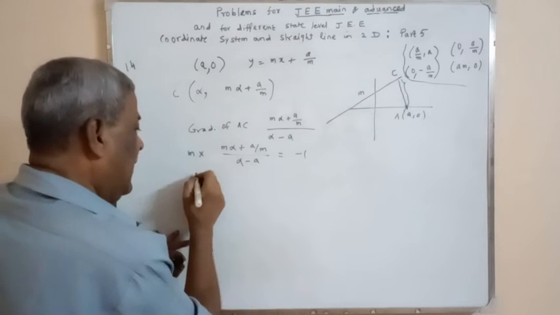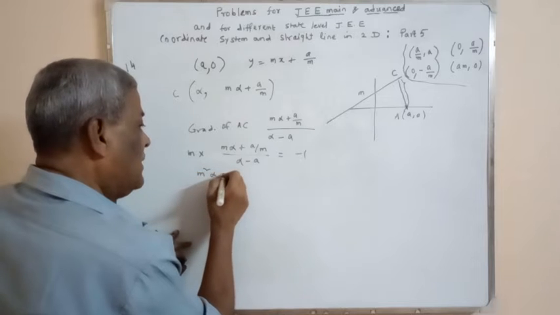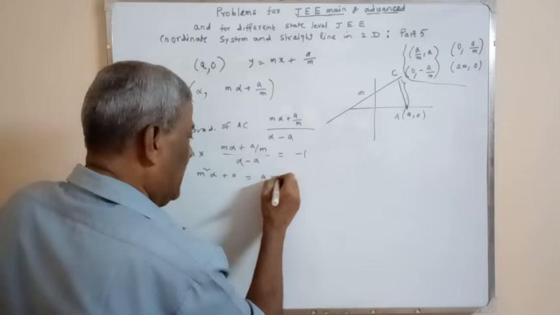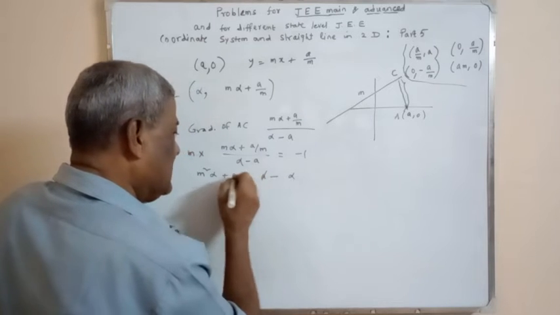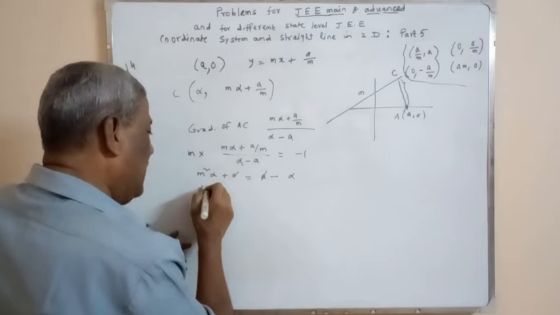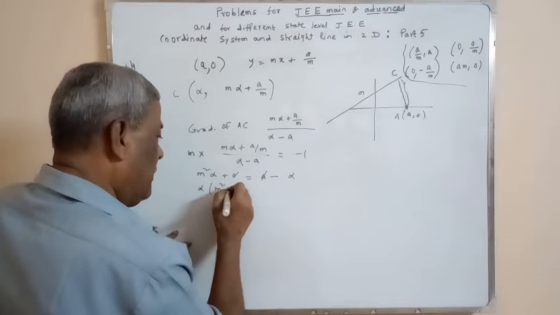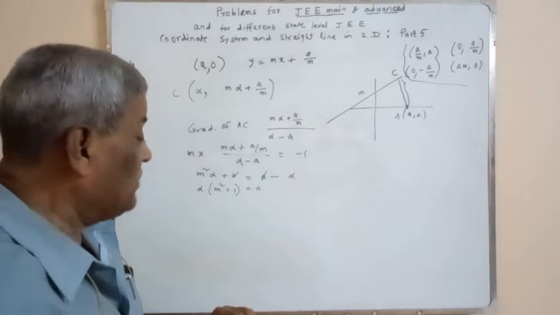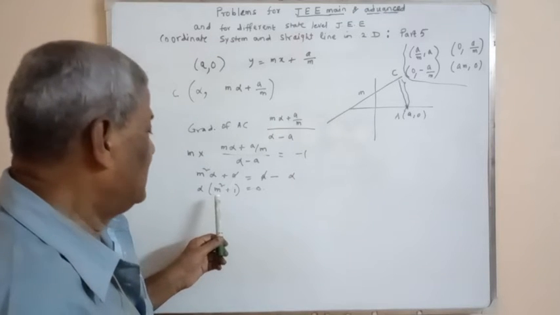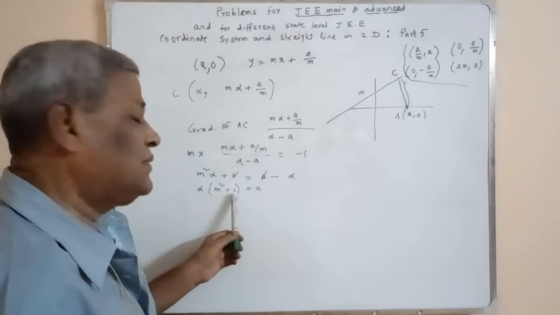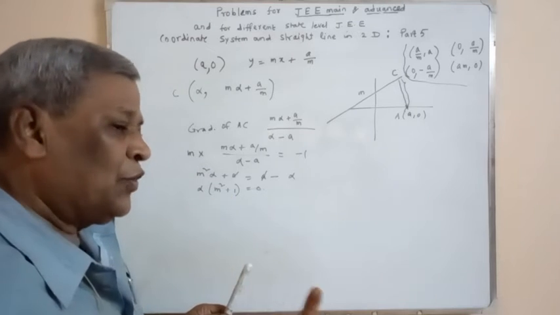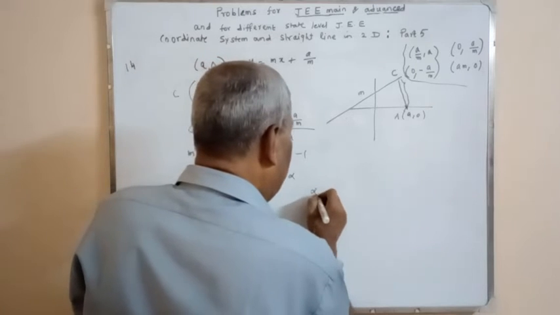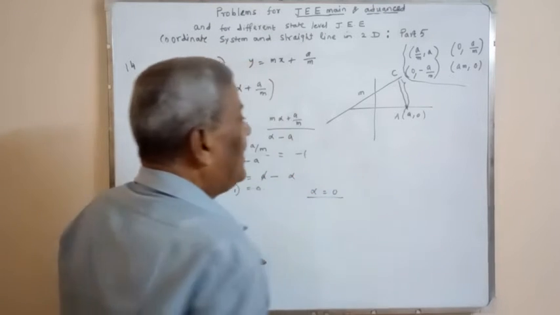Now simplify: m square alpha plus a is equal to a minus alpha, a cancels. So taking alpha common, alpha into (m square plus 1) is equal to 0. But you see, m square plus 1 is the sum of two square quantities, it cannot be 0. So the only possibility is that alpha is equal to 0.